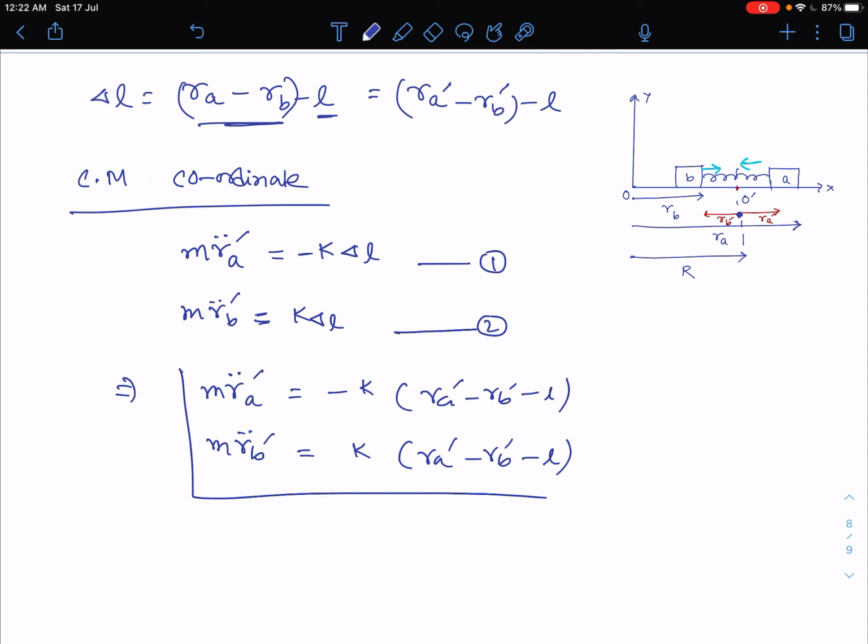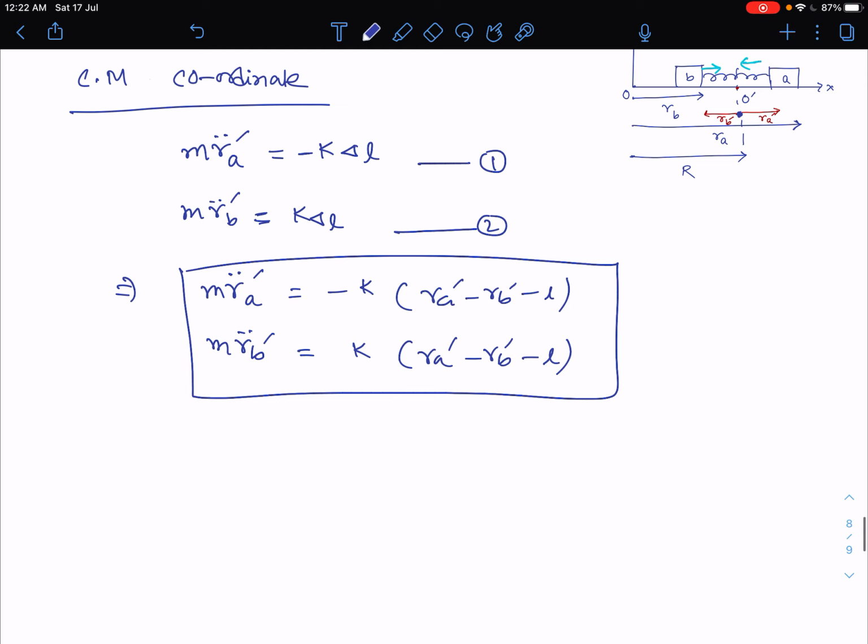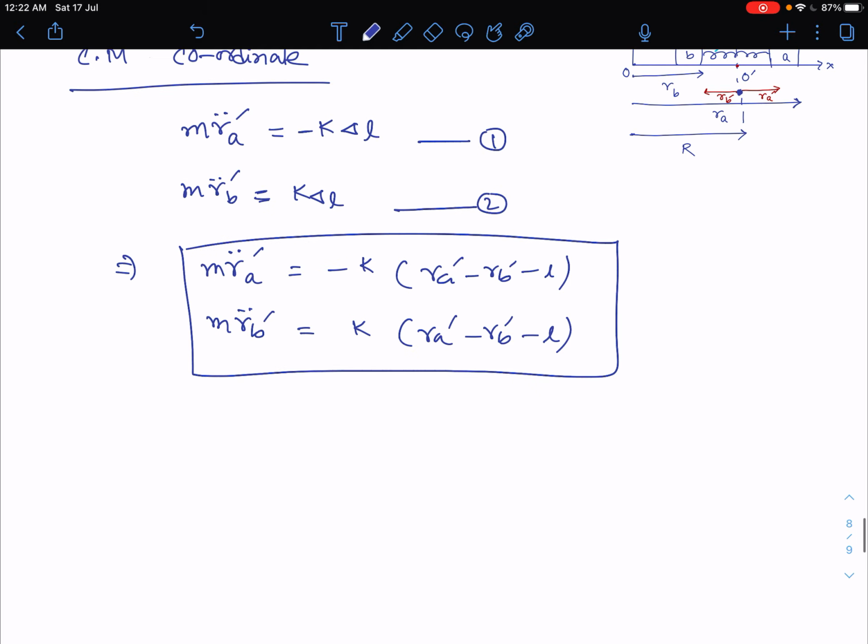So these two equations actually are coupled. In order to decouple this, we can subtract these two equations, and then we will get m (Ra prime double dot minus Rb prime double dot) equals minus 2k (Ra prime minus Rb prime minus L).